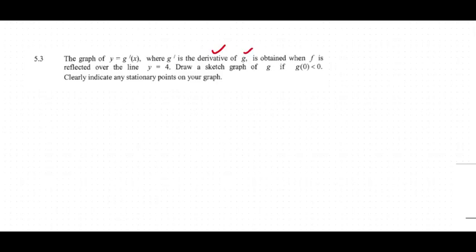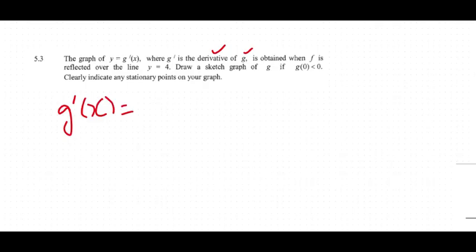So first of all, you have to find the equation of g prime of x. We say that g prime of x is the reflection of f of x over the line y equals, oh sorry, y equals 4.